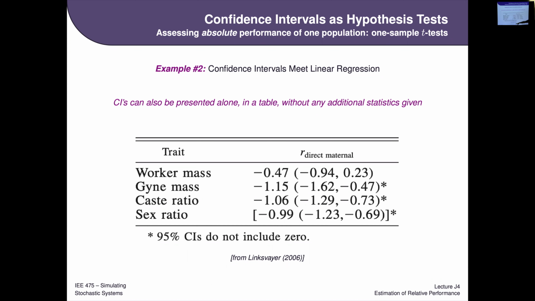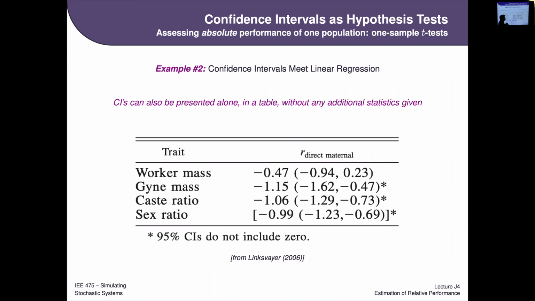And so Tim, in this paper here, what he was measuring doesn't really matter, but what he's trying to say is that he's measured these different traits, and he wants to show that some of these traits potentially have a relationship to those traits in a previous generation, and some of them do not.